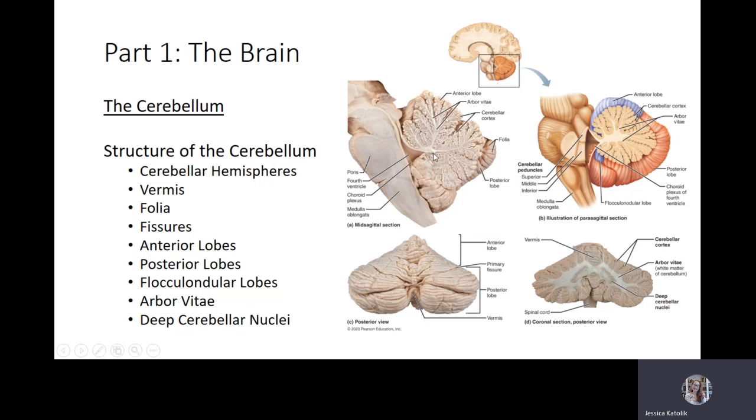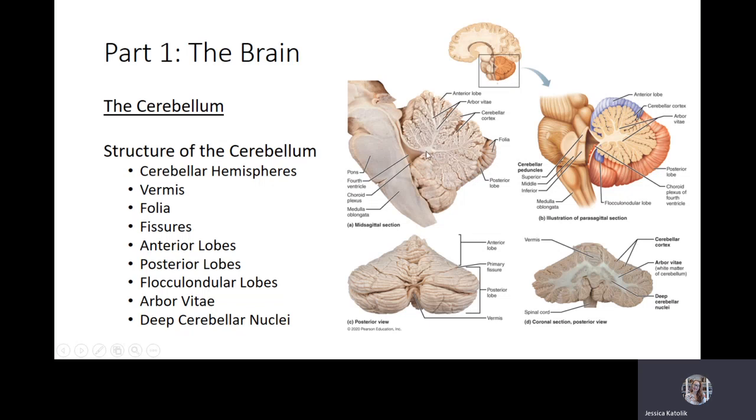The white matter creates this beautiful structure that is branching like a tree. This branching white matter is called the arbor vitae, the tree of life. Which is super cool, and I think it's beautiful, and it's my favorite structure of the brain.